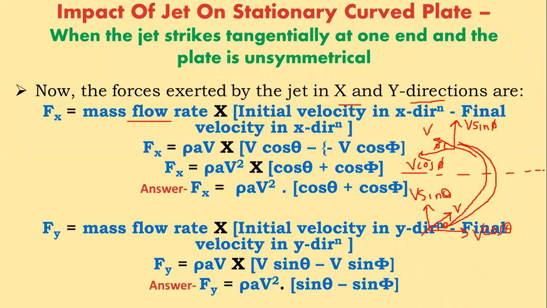From the next lecture, we will start with the impact of jet on moving plates. Okay? So the same types that we have seen as stationary, we will now see only in moving, when the plate is moving. So we'll study flat vertical moving plate, flat inclined moving plate, and curved moving plates.